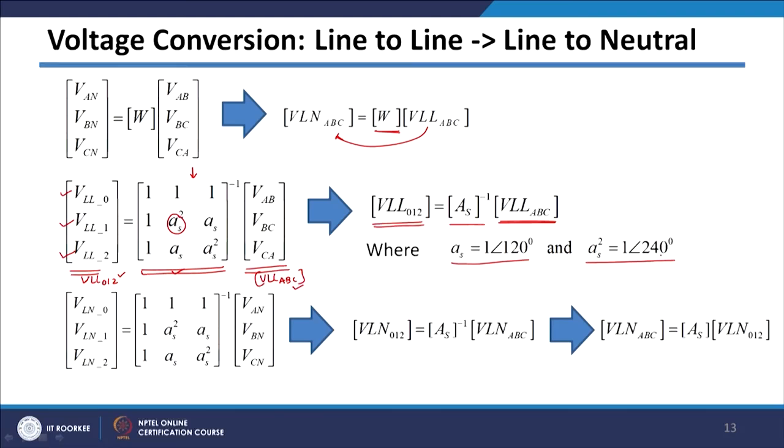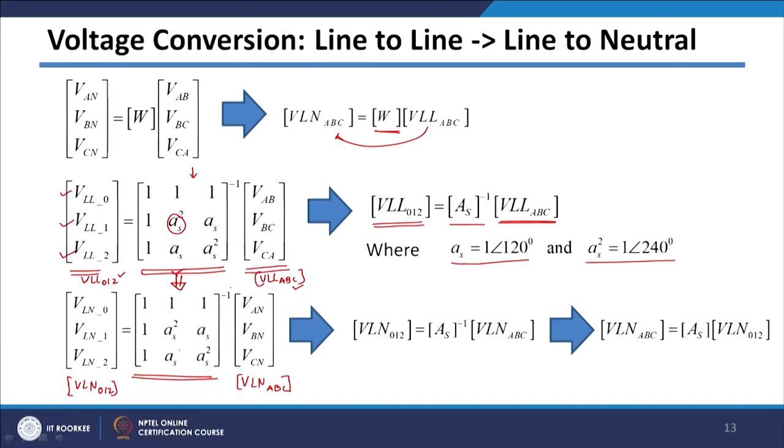Similarly, we can get the sequence components of line to neutral voltages. Your line to neutral voltages in phase domain will be written like this. These are the line to neutral voltages in phase domain, and these are the line to neutral voltages in sequence domain, 0, 1, 2, and these are related by your conversion matrix, which is again the same matrix here.